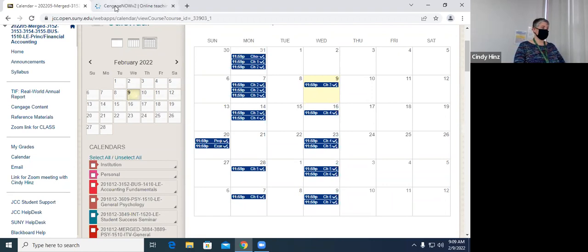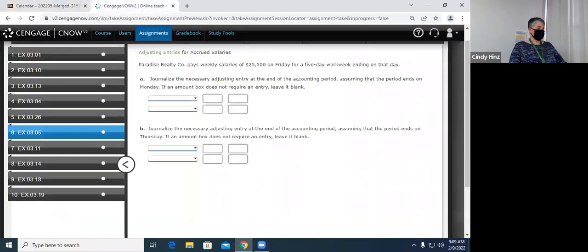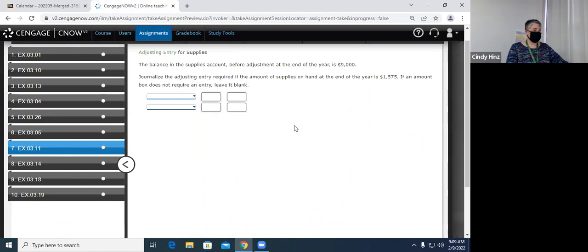All righty. If there aren't any questions, then let's go to our exercises. We finished exercises 1 through 5 together in class on Monday, and so today we will pick up with exercise 6 and work our way through to the end. Exercise 6 is about salaries.